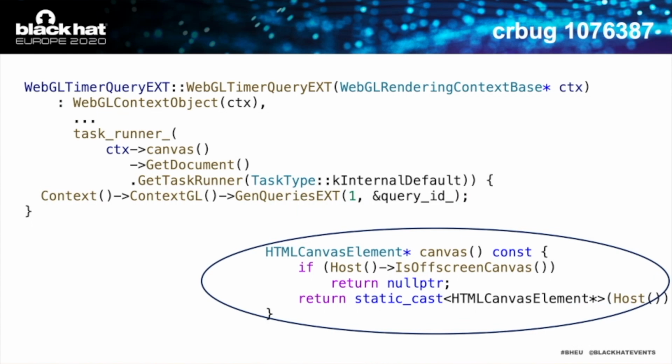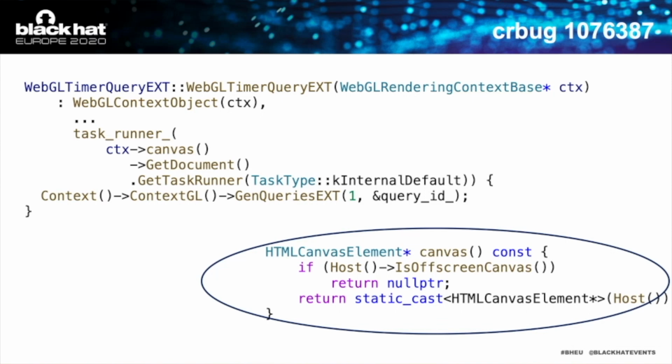Chrome bug 10763887 is in Blink, the rendering engine used by Chromium. It is a constructor of WebGLTimerQueryEXT. It will use the return value of the canvas function to call the getDocument function.